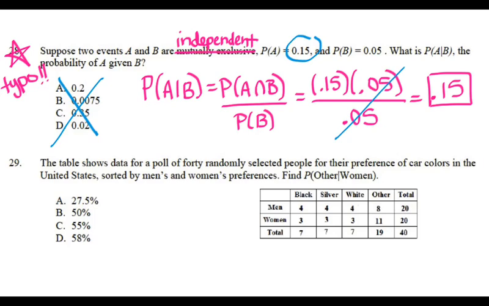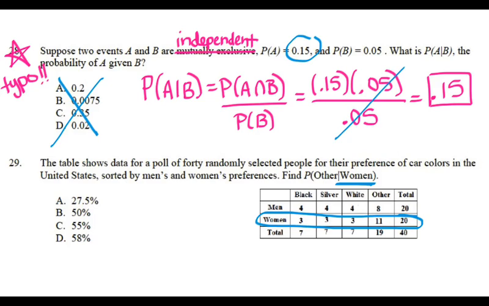Alright, 29. The table shows data for a poll of 40 randomly selected people for their preference of car colors in the United States, sorted by men's and women's preferences. Find the probability of other given women. So you're going to look at the row of women. Okay, so your total for women is the 20.